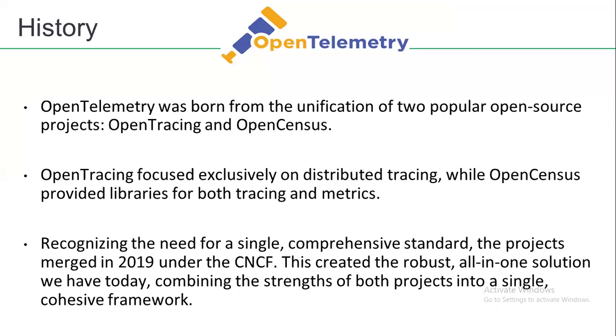Recognizing the need for a single comprehensive standard, the projects merged in 2019 under the CNCF. They created the robust all-in-one solution we have today, combining the strengths of both projects into a single cohesive framework, that is OpenTelemetry.